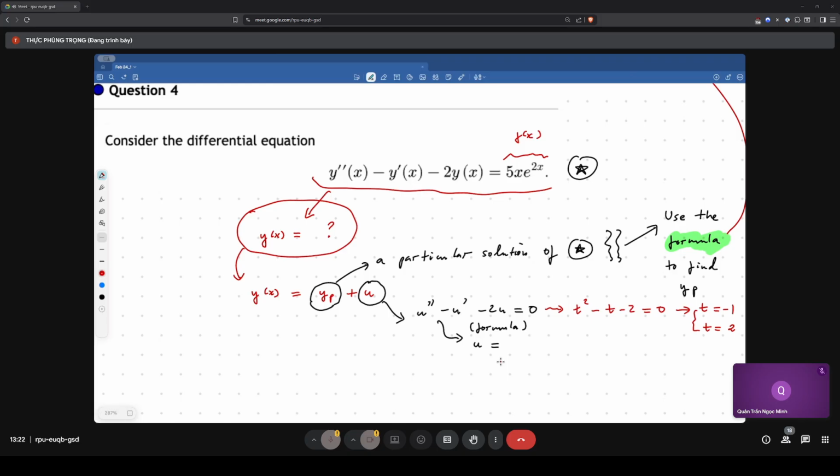And so if you apply the formula we have for homogeneous equations, then from here you get C1, C2. So this is the answer we have for u.